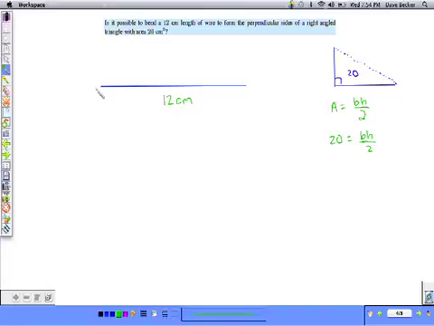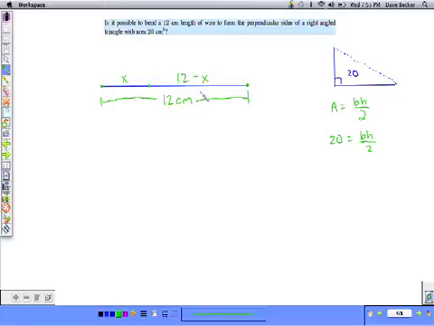And here is a common strategy to deal with a known length and then have to break it up. If I name from here to here, I just randomly pick that point, it doesn't matter. But if I call this x and the entire length is 12 centimeters, then the rest of the length from here to here has to be 12 minus x.